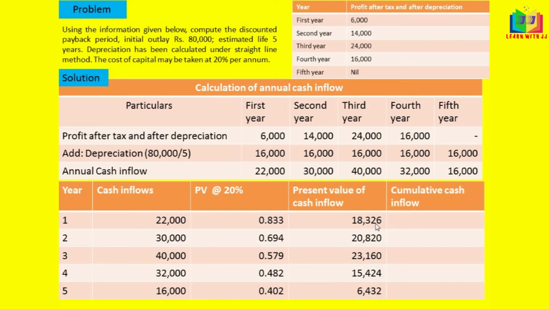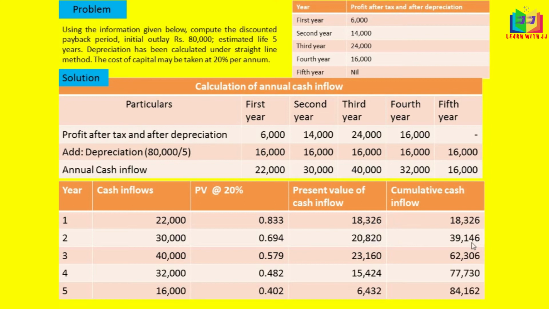In the first year we write the same 18,326, and in the second year 18,326 plus 20,820 gives 39,146. Adding 23,160 we get 62,306. Adding 15,424 we get 77,730. Adding 6,432 we get 84,162. This is the cumulative of the cash inflows.